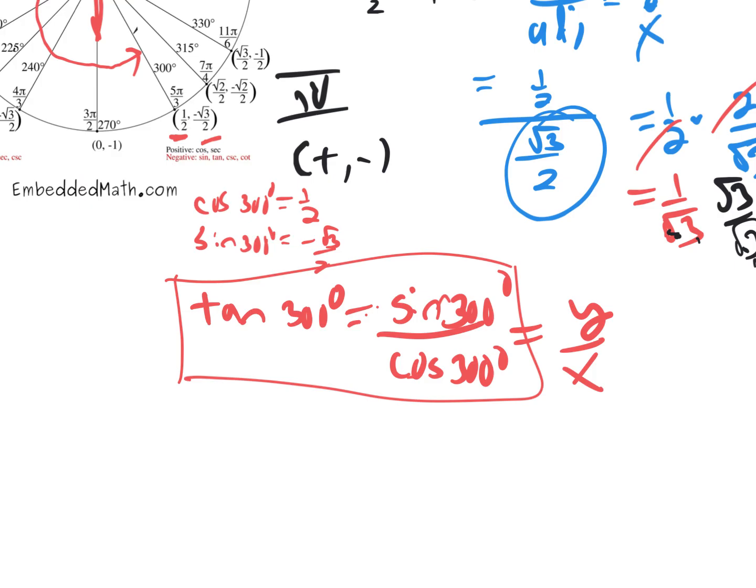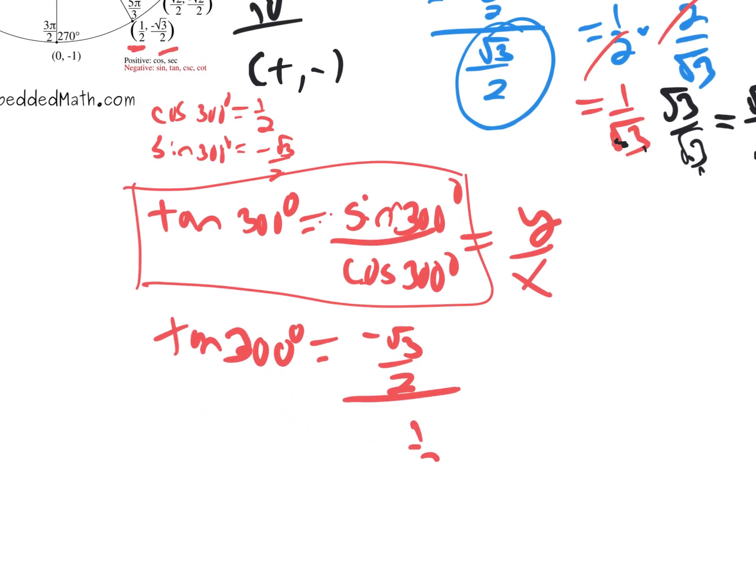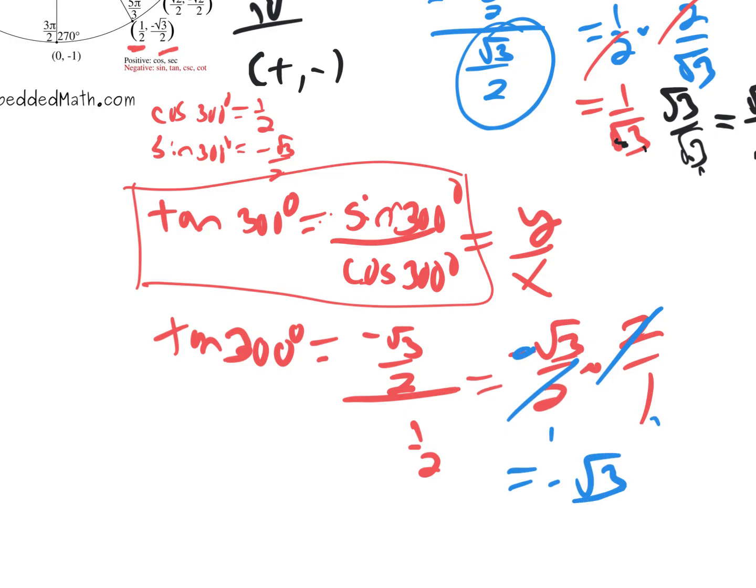So tangent of 300 will be my y, which is negative square root of 3 over 2, divided by my cosine, which is 1/2. Rewrite that as negative square root of 3 over 2 times the reciprocal. 2's cancel. 1 times 1 is still 1, so there's still a negative here. Negative square root of 3.